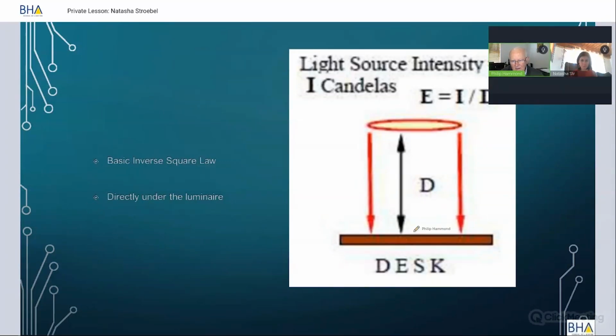That distance is from the light to where we want the light. Okay? That's the formula. Easy. It's an easy formula. Once you've got it, you never forget it. So it's one of those things you remember. Put it in your mind map.